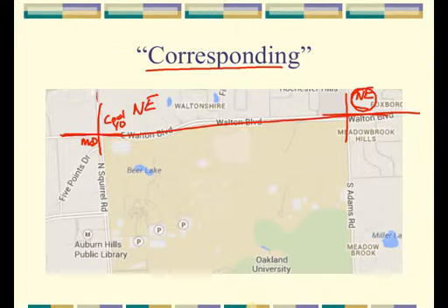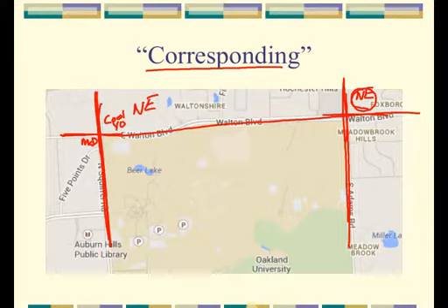Two lines. So here are north-south roads, two lines that are being intersected by one other line, and that creates a situation where we have a bunch of linear pairs, a bunch of vertical angles, and also now a bunch of corresponding angles.